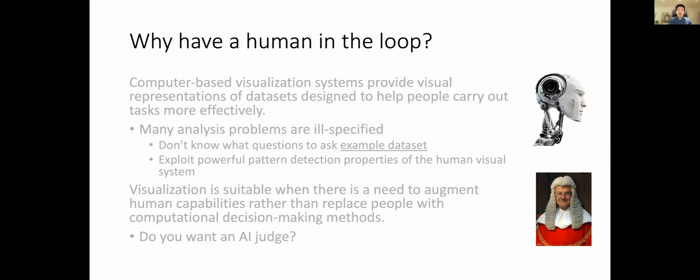But the main reason against using an AI judge is that in many cases it's not possible to justify or understand why the AI made certain decisions. So there is a chance it makes a wrong decision, but there's no way to tell why that is the case. As a result, currently, for example, the GDPR law or the EU law does not allow using a fully automated AI system to make such decisions.